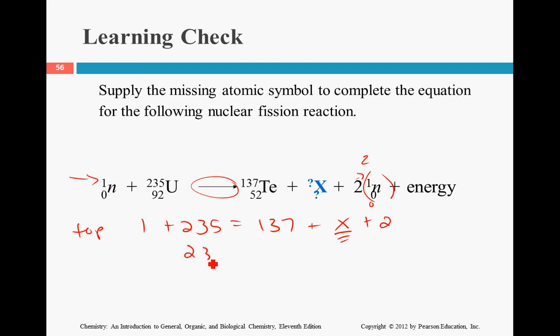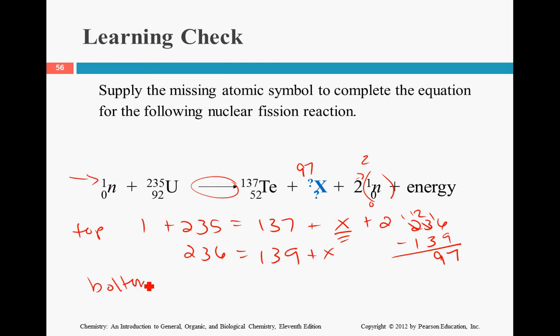So that's 236 is equal to 139, because 137 plus 2, plus x. So 236 minus 139, 97 is our top number. The bottom number, 0 plus 92, is equal to 52 plus x.